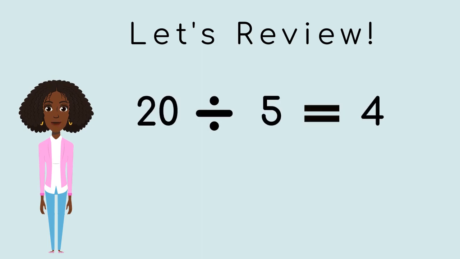Before you go, let's review some things that we learned. What is the first number called in a division problem? Great job! It's called the dividend. Remember that this is the number that we divide or that we separate. What is the number after the division sign called?